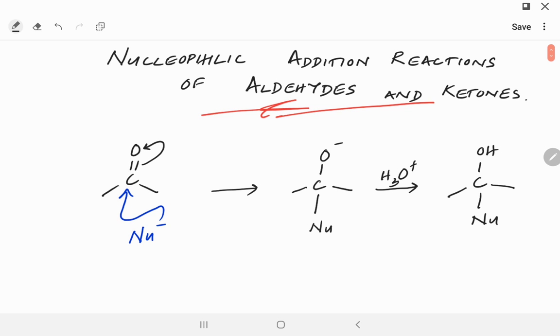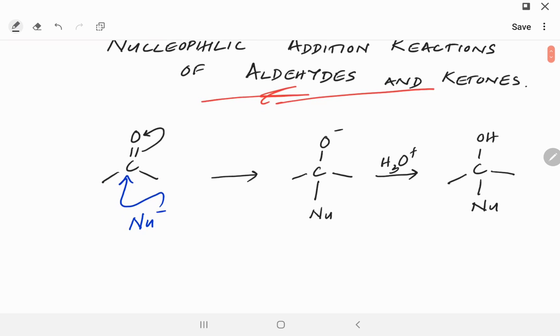We will talk about that mechanism in a separate video, but for now this is the nucleophilic addition reaction that we are going to focus on in this particular video. Once again it goes through a tetrahedral alkoxide ion intermediate, followed by protonation to give you an OH group.